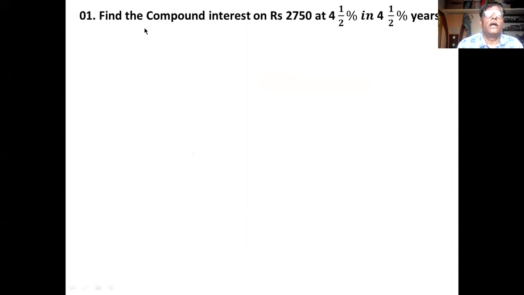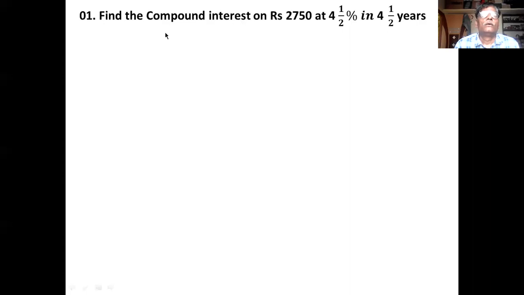Find the compound interest on rupees 2,750 at 4 integer 1/2% rate in 4 integer 1/2 years. This is the given problem. They ask to calculate compound interest.